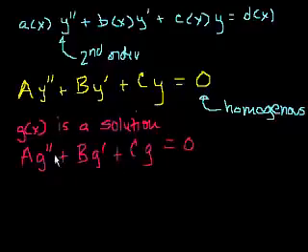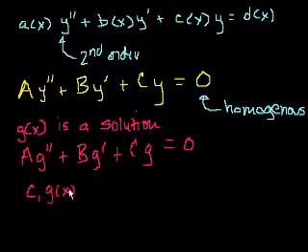These mean the same thing. Now my question to you is, what if I have some constant times g? Is that still a solution? So let's say some constant, c1 times g. Is this a solution? Well, let's try it out. Let's substitute this into our original equation.